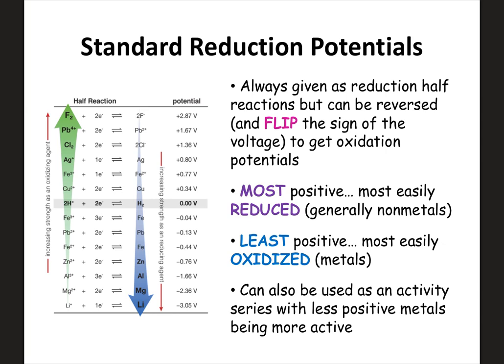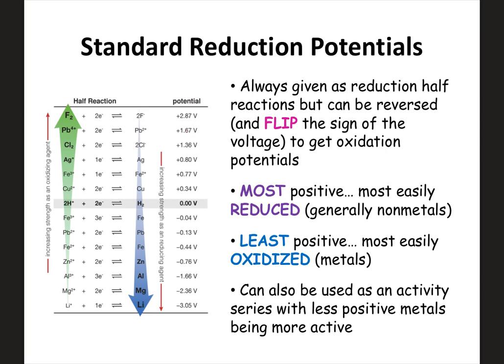So if you need the standard potential for an oxidation, you have to flip or reverse the reduction, and then you have to flip the sign of the voltage as well. For example, looking at this standard reduction potential table, Pb4+ as a reduction forms Pb2+, and that's the potential, plus 1.67.